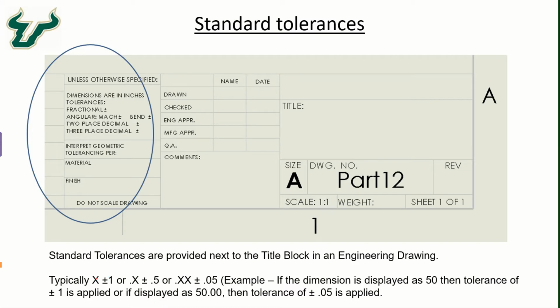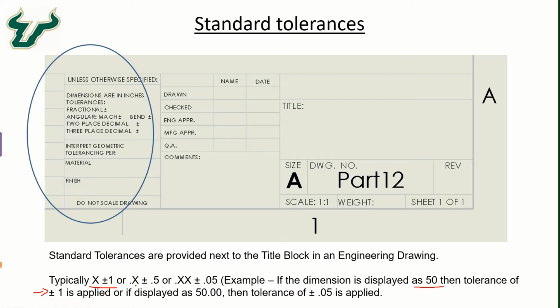So for example, if we have the tolerances specified as x plus minus 1, which means that if the dimensions are given in integers, let's say 50, then the tolerance would be applied as 50 plus minus 1.